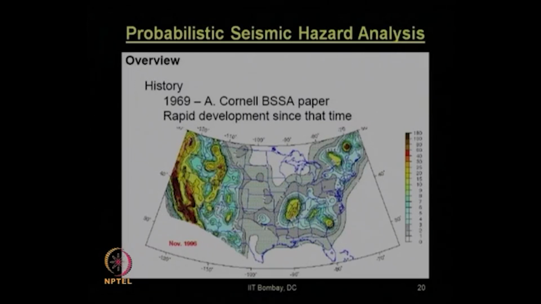Now, when did probabilistic seismic hazard analysis start? If we see the overview of the literature, we can find that 1969 is the year when the researcher Cornell published this probabilistic seismic hazard analysis in the Bulletin of the Seismological Society of America, in short BSSA. Since 1969 there has been rapid development in this area throughout the world.